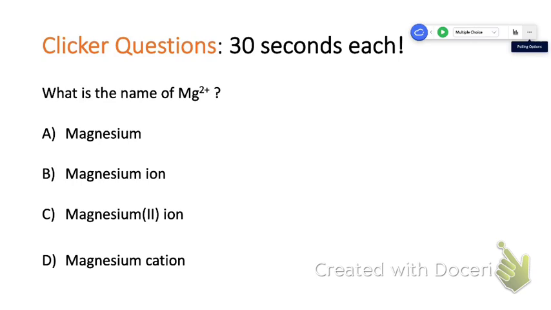Okay, so you never put the Roman numeral if you know it can only have one specific charge. Group 1, you never put the Roman numeral. Group 2, you never put the Roman numeral. And then there's actually 3 others in there that you don't, but we haven't talked about those. Those are aluminum, zinc, and silver.